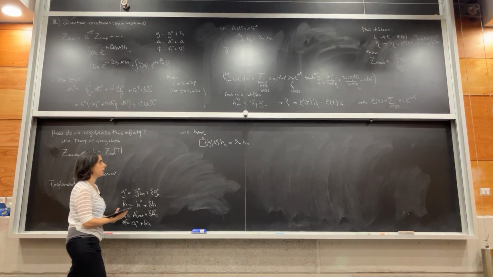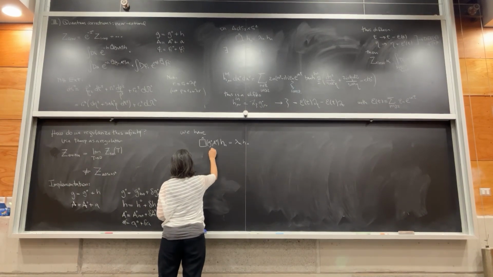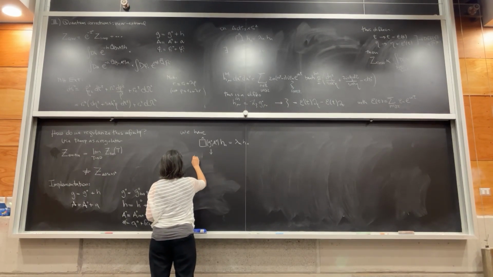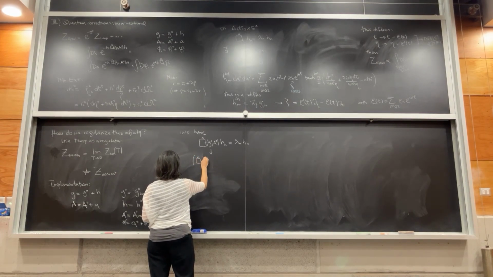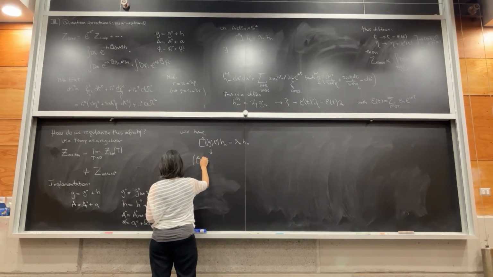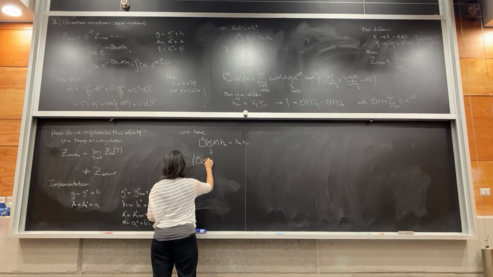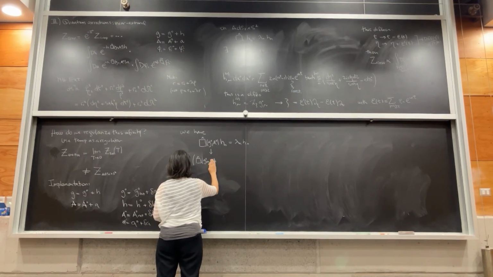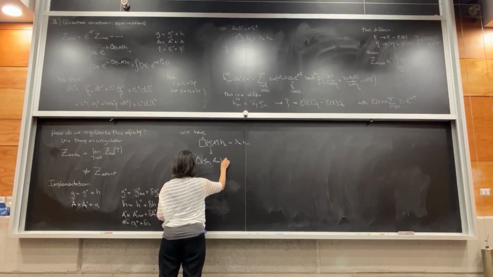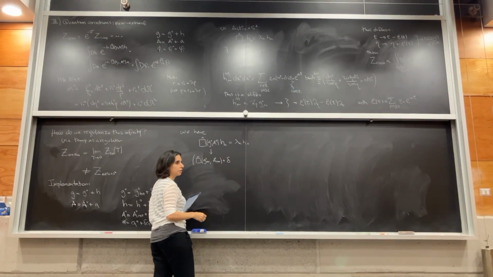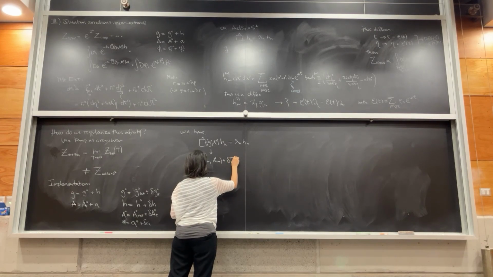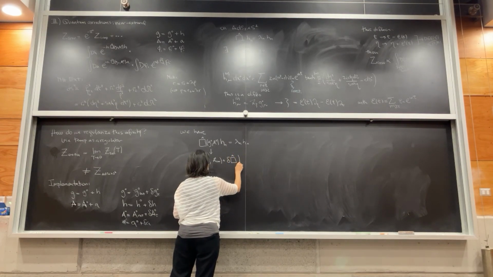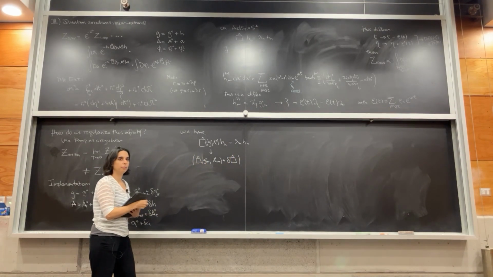On this side of the equation, we'll have the background differential operator that you would have gotten if you had the extremal solution, and then a first correction to this differential operator due to the temperature, which I'll call delta box.